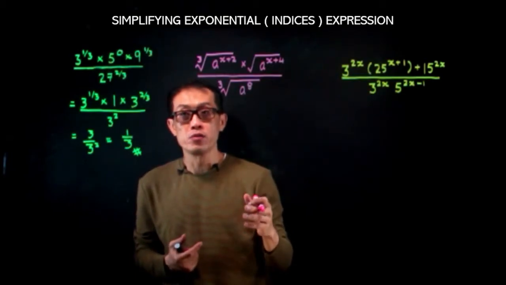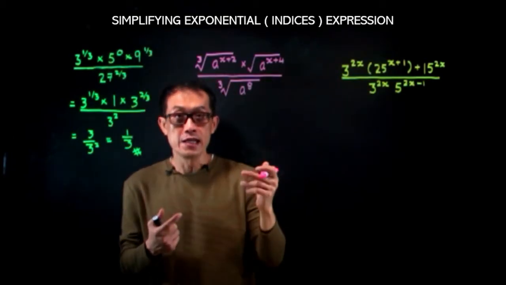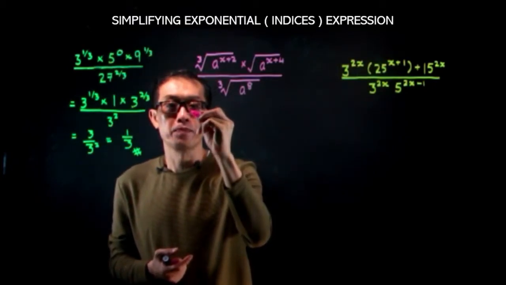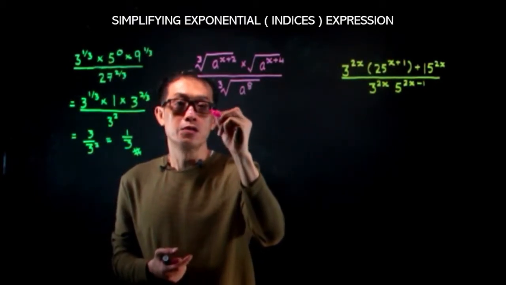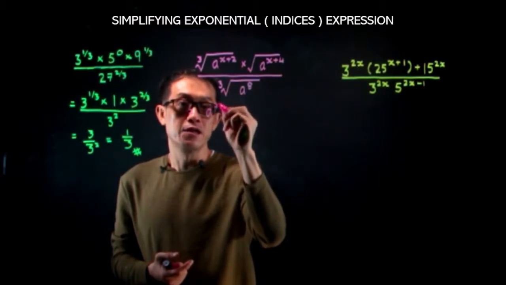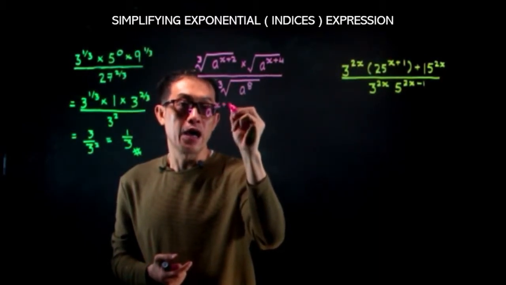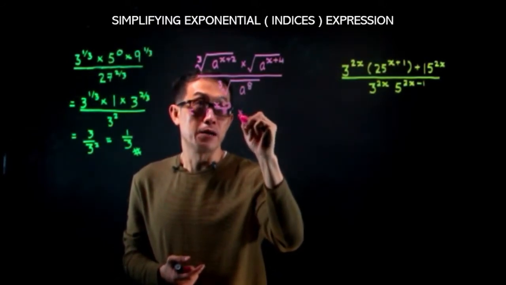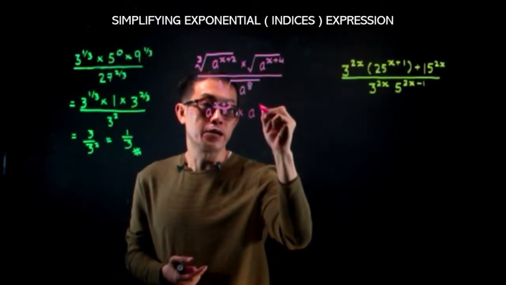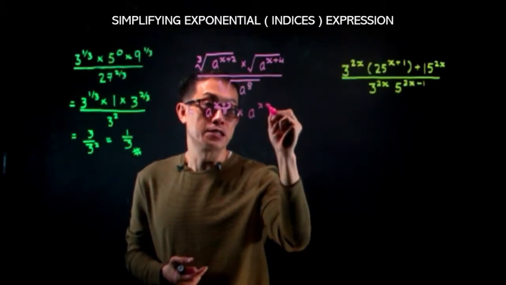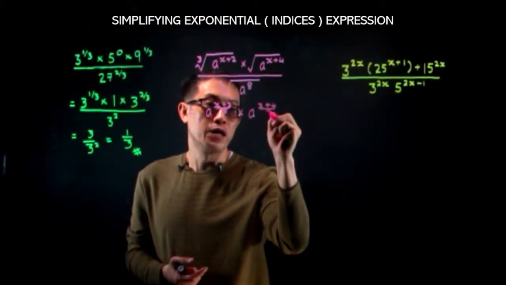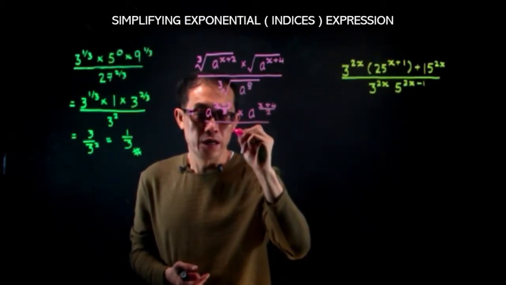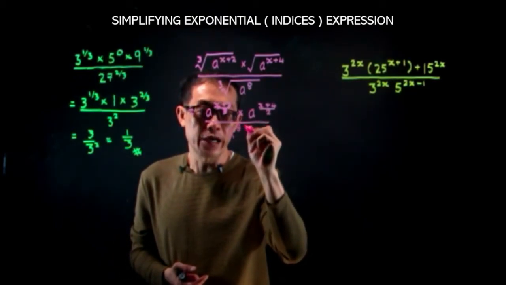So what we do is change it to the indices form first. So this can be rewritten as a to the power of x plus 2 divided by 3 times a to the power of x plus 4 over 2, over a to the power of 8 over 3.